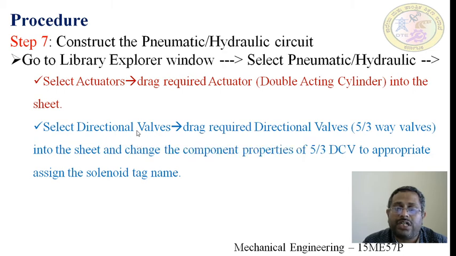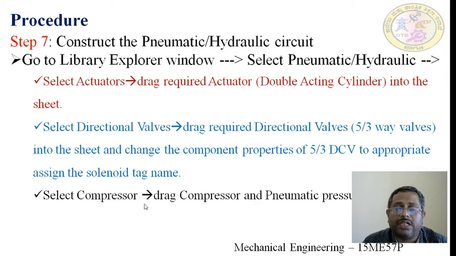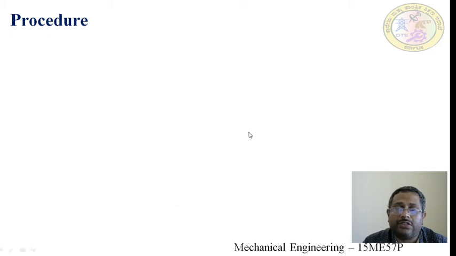For that, go to directional valves, drag the required directional valve, that is 5/3 way valve, into the sheet and change the component properties by right clicking on that 5/3 DCV to appropriately assign the solenoid tag name. Means for the forward coil you have to assign O1, for the retract coil you have to assign O2 by selecting the proper one. And then we have to select the compressor, drag the compressor and pneumatic pressure source and place them into the sheet and then connect all those things.